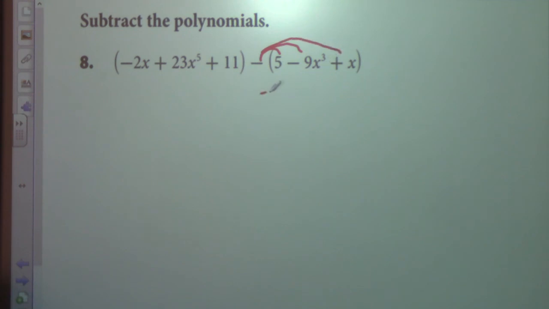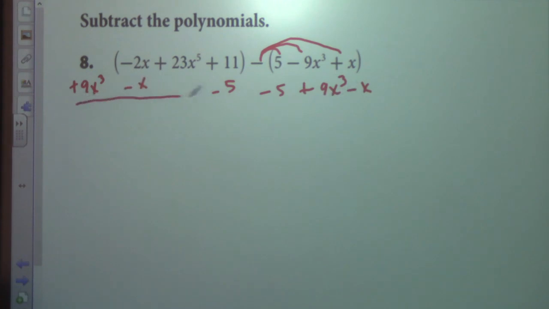You'll have negative 5, you'll have negative 9x cubed, so that's going to be plus 9x cubed, and then minus x. If we stack this right underneath the other one, we have minus 5 here, plus 9x cubed, and finally this minus x right here.